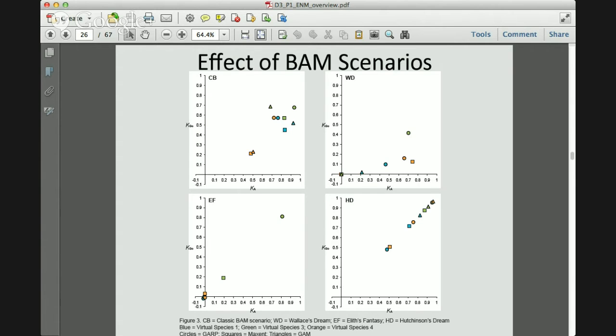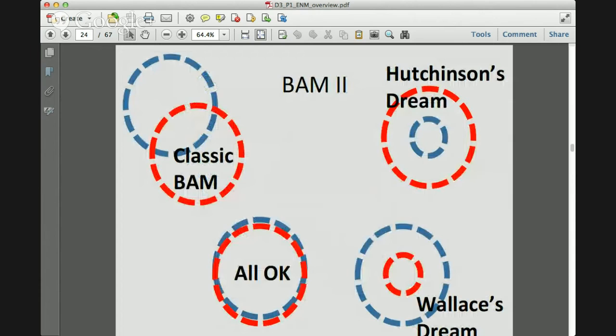But under the other two, the lower left and the upper right ones, most of our virtual species, our imaginary species, give us models that are perfectly random. So essentially what I'm saying is back here in our diagrams, the classic BAM and Hutchinson's dream scenarios actually can give us usable models, but the other two are very, very challenging for niche modeling.